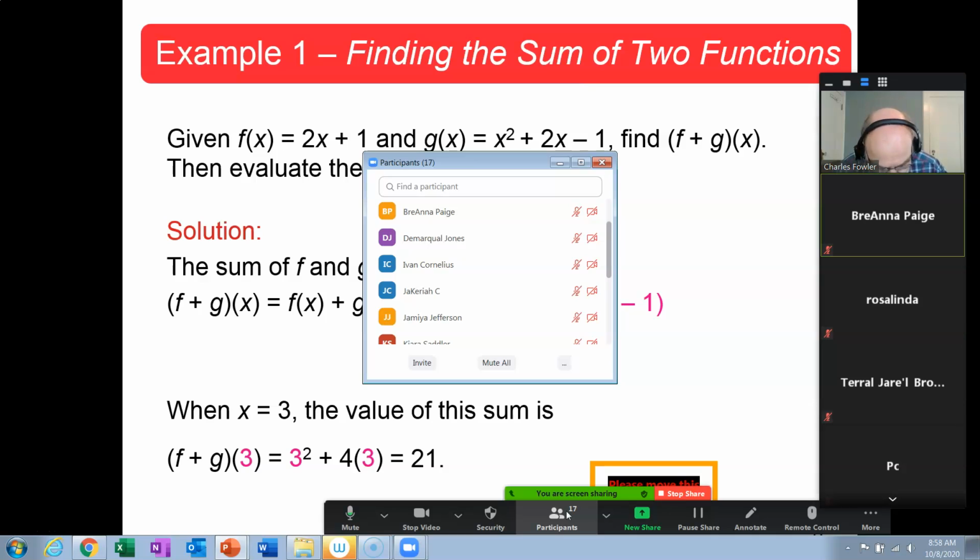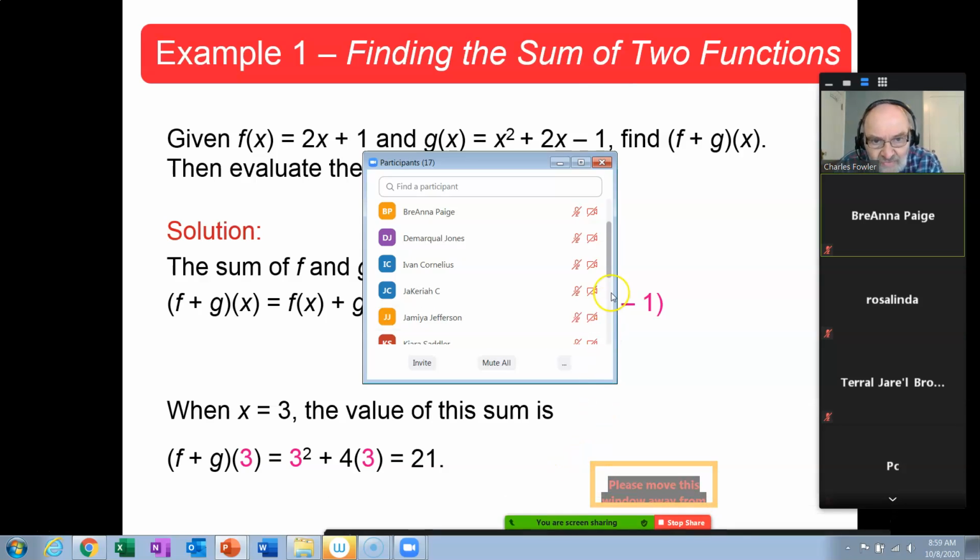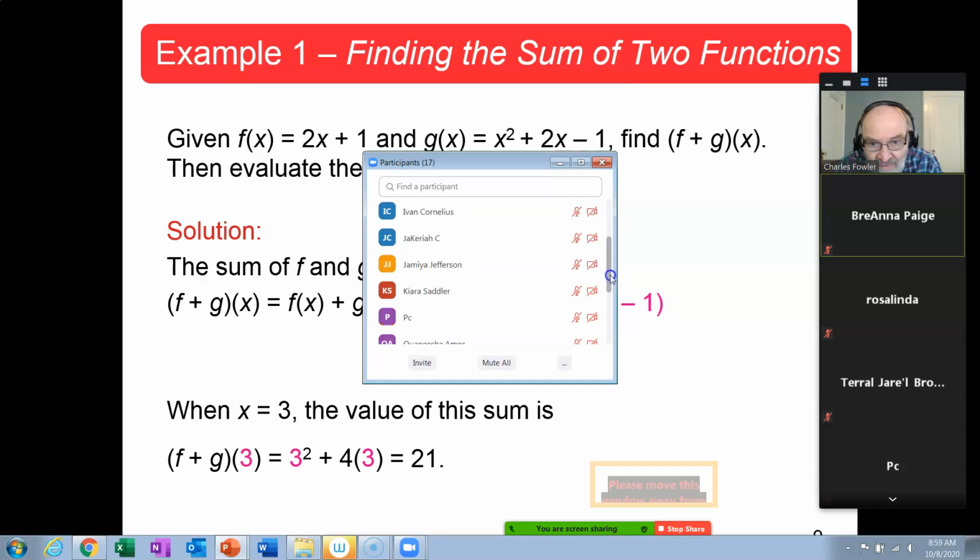There's Jemiah. Yep, got it. Jakiria, Jemiah. I've got to scroll down. I can't read that. Okay, I've got Kiara here. Got it. I've got Shamari here. I've got Kanisha here. I've got Rosa here. I've got Tamia here. And I've got Terrell here.